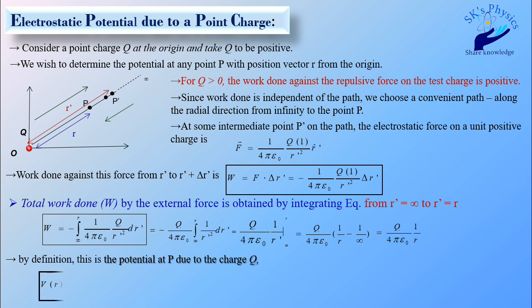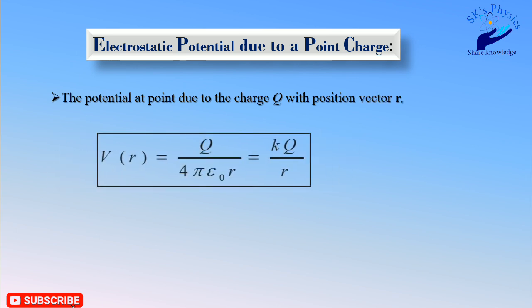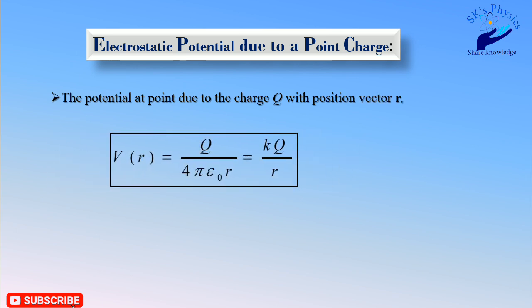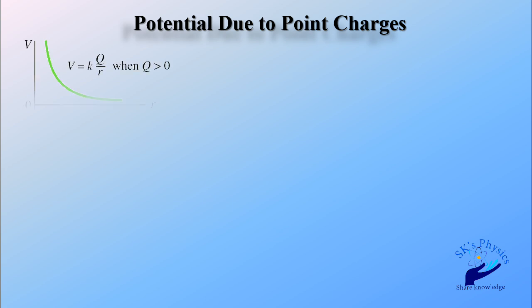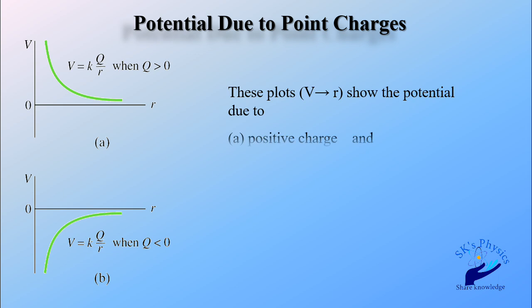V of R is equal to Q upon 4 pi epsilon 0 R. The potential at a point due to the charge Q with position vector R, that is V of R, is equal to Q upon 4 pi epsilon 0 R, which is equal to KQ by R. Potential due to point charges: this plot of V versus R shows the potential due to a positive charge and a negative charge.